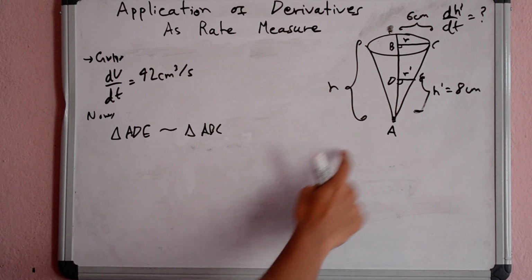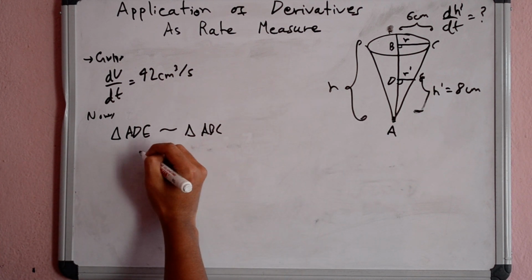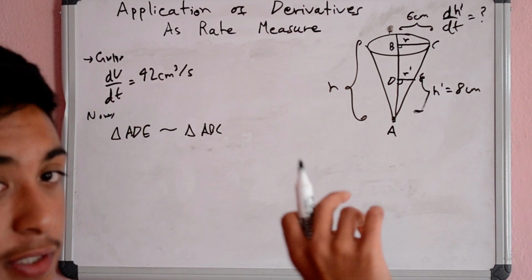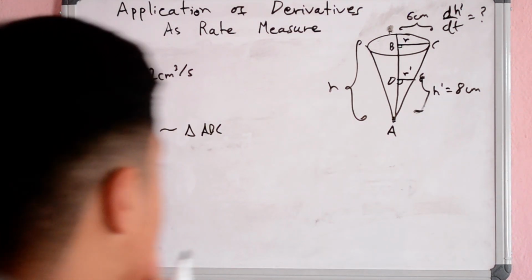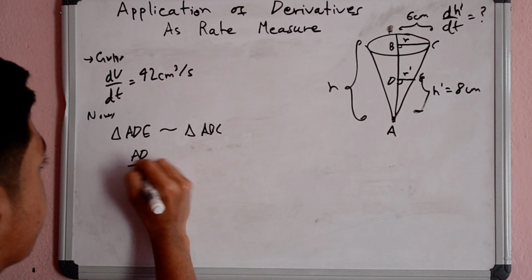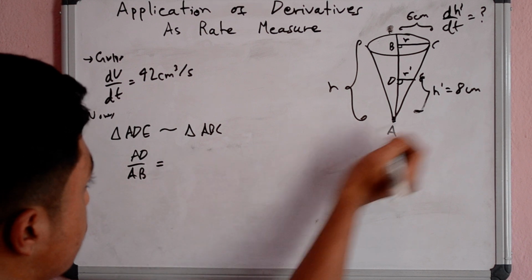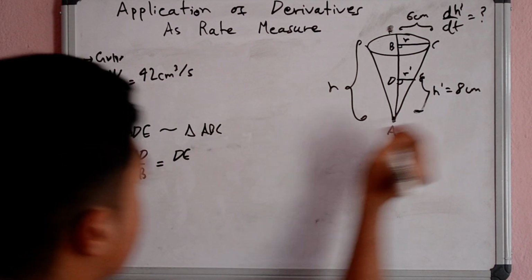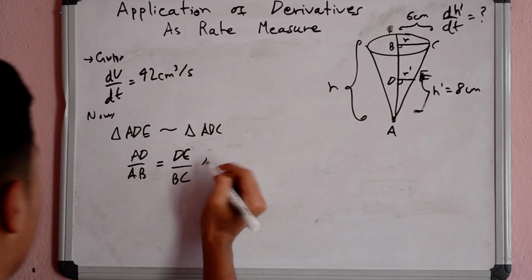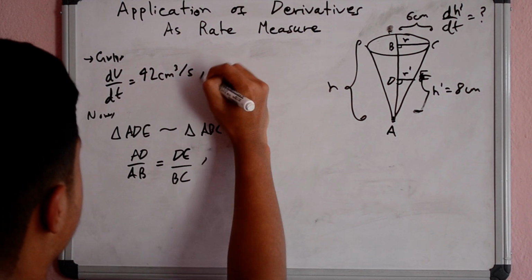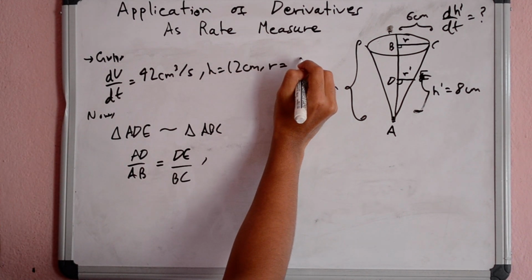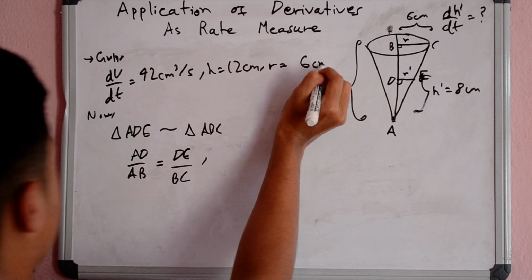So here, we can use the similar triangle properties, which is the ratio of the sides is equal to the ratio of another side. So here let's take the height ratio AD by AB, which will be equals to DE by BC. I'll write the given height 12 centimeter, radius equals to 6 centimeter.